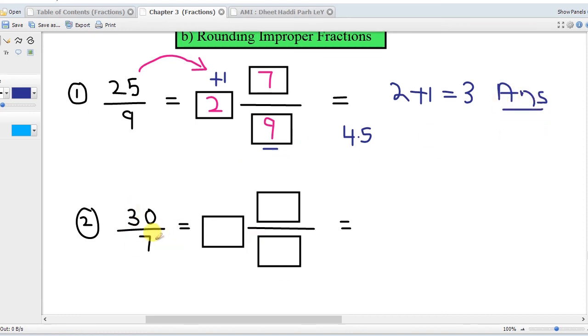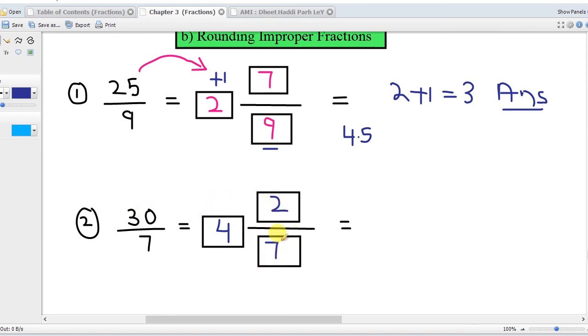Next, 30 over 7. So 7 is your divisor, write it as it is. Now start counting the times table of 7 up till 30 or close to 30. So 7, 14, 21 and 28. So 4 times 7 is 28, and the remainder will be 30 take away 28, which is 2.